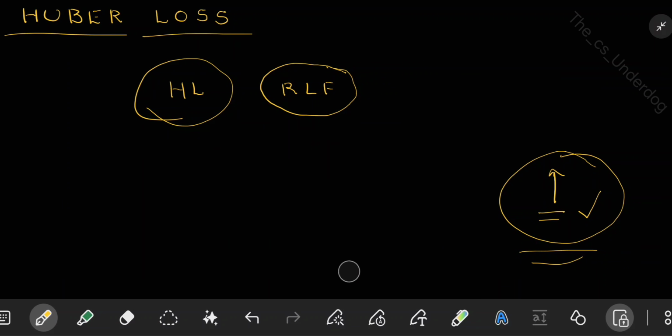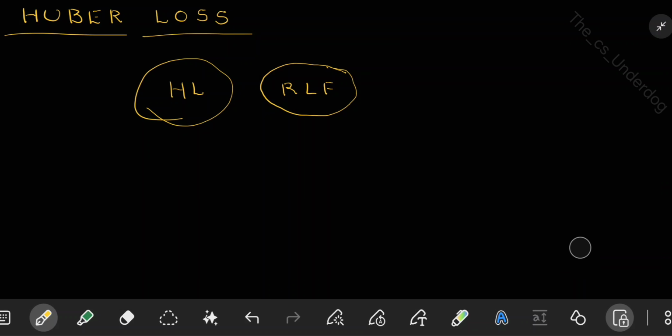So before we begin with Huber loss, I'll jot down a few points about MSE and MAE. These particular points are what we are going to handle. About MSE, I'll put down 2 points here. First point about MSE, mean squared error, is that it is smooth and differentiable everywhere. Coming to a regression loss function, we already discussed that it is important that we should be able to take the gradient because this is useful for us in gradient descent algorithms.